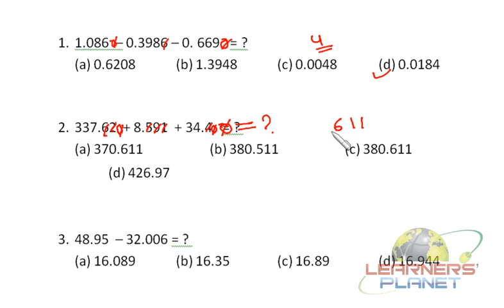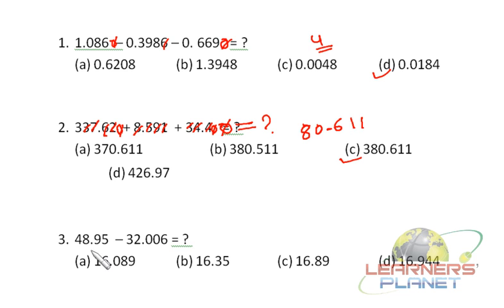I write 6 over here and a decimal, and 1 positive 1 is there with me. Okay, now 1 plus 7, 8, 8 plus 8, 16, 16 plus 4, 20. I write 0 over here and a 2 is there with me. Now 2 plus 3, 5, 5 and 3, 8. Okay, so 8, 0.611, that is only there in this option. Okay, so this is the correct choice. No need to calculate further.